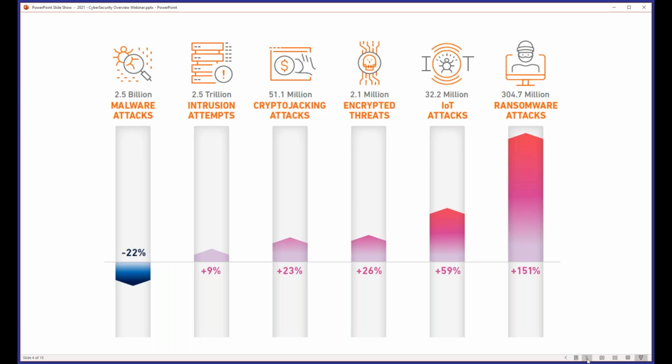This is really starting to ramp up. It's up 59% over last year, 32.2 million attacks on these kinds of devices, and it's starting to work. And most of these people that are building these IoT devices have yet to come to the party in terms of security. Sometimes you can't even change a password on them.